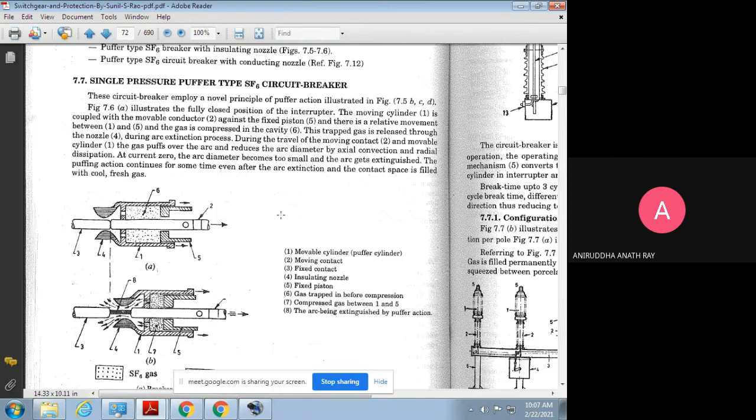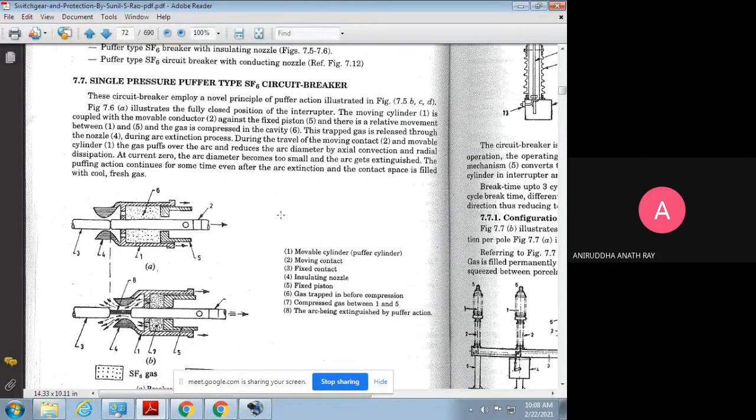When the moving contact is traveling along with the moving cylinder, the gas is puffing over the arc and reduces the arc diameter by axial convection and radial dissipation. So what happens at current zero? I told you in an AC wave, when the current becomes zero, the arc diameter becomes too small and the arc gets extinguished.